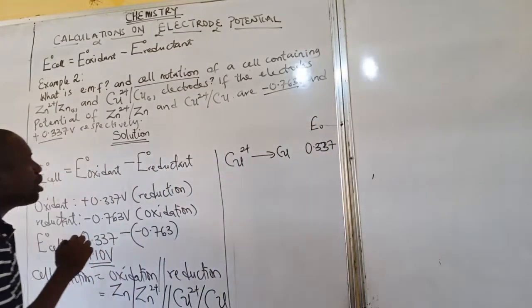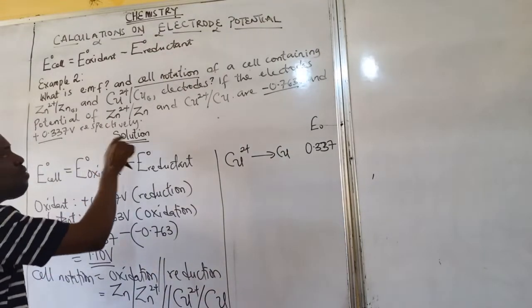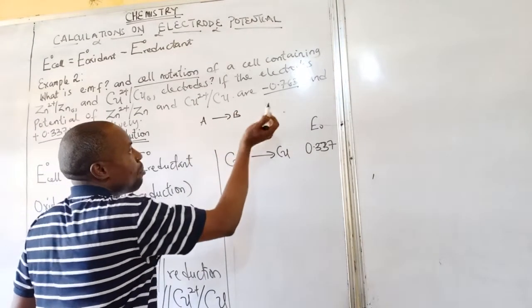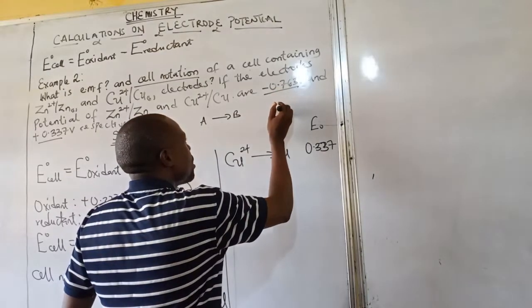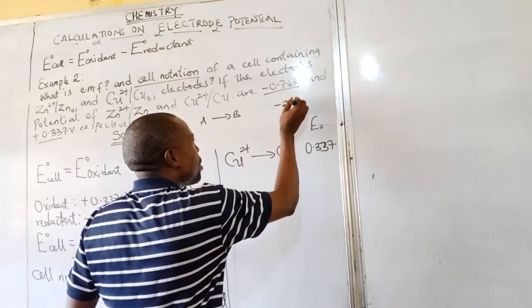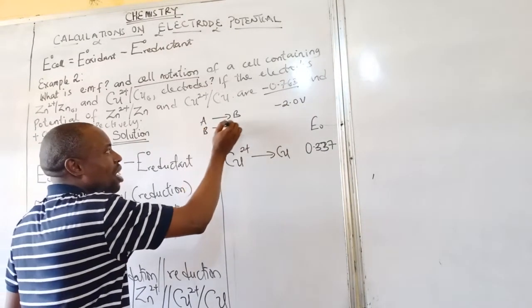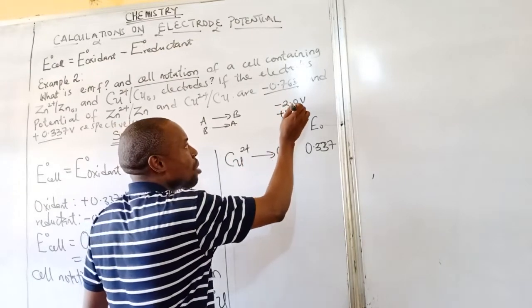Now for that of the oxidation, remember that for example, if I'm having A to give me B, and I'm having here, let's say, minus 2.0 volt, if I should now say B to A, the sign will also change to give me plus 2.0 volt.